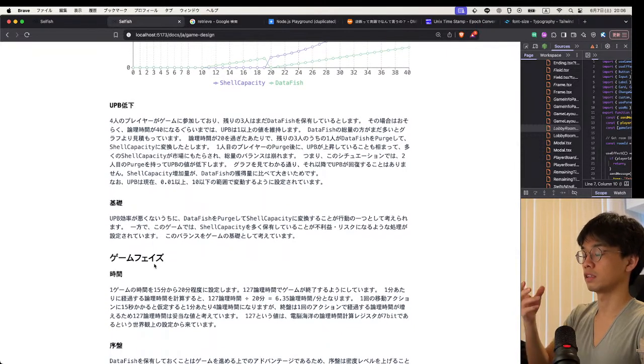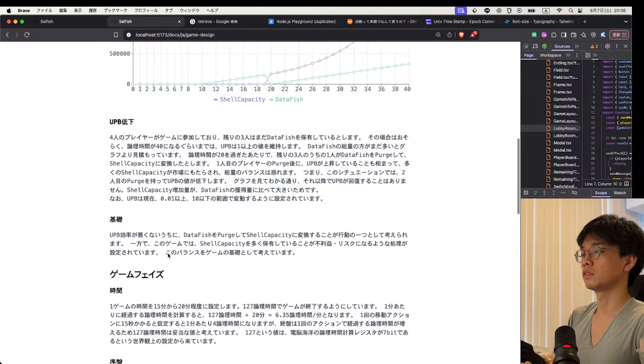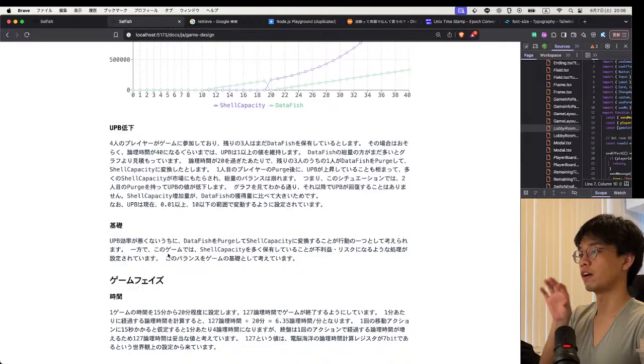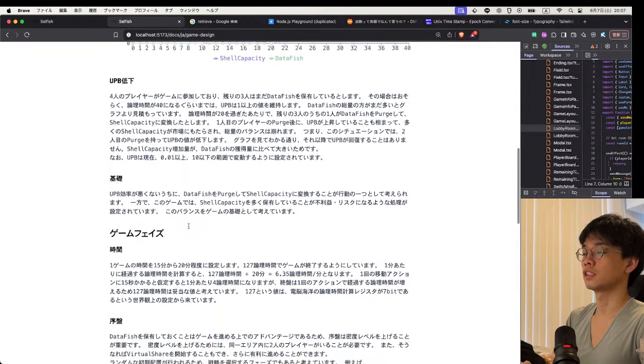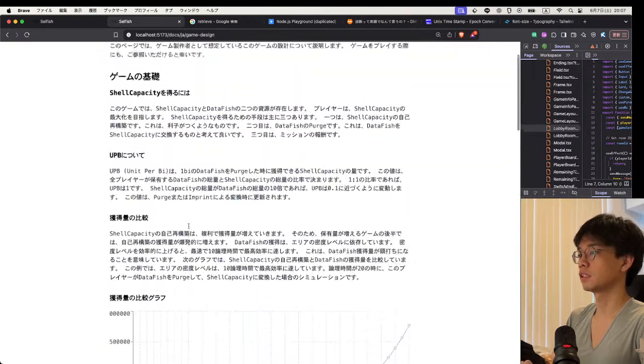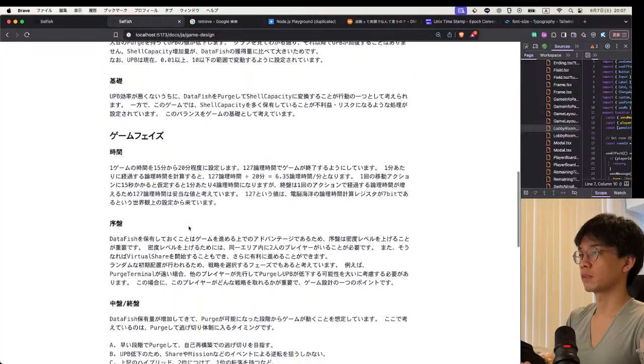This is a game design, so this balance is so important, and I assume this balance is the core of the game.